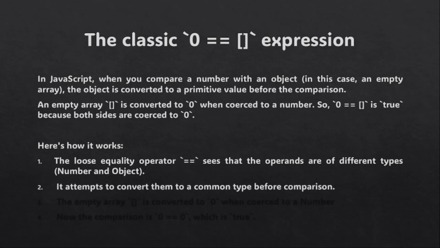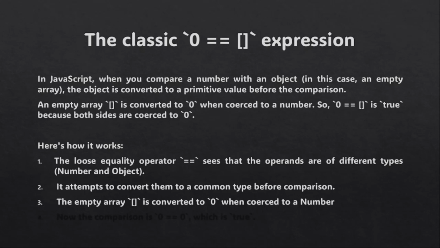And the second step this operator takes is it converts these two different values to a common type before comparison. Then the third step, it would take this empty array, convert it to a number, being 0. Now compare 0 is equals to 0, and you'd say true.